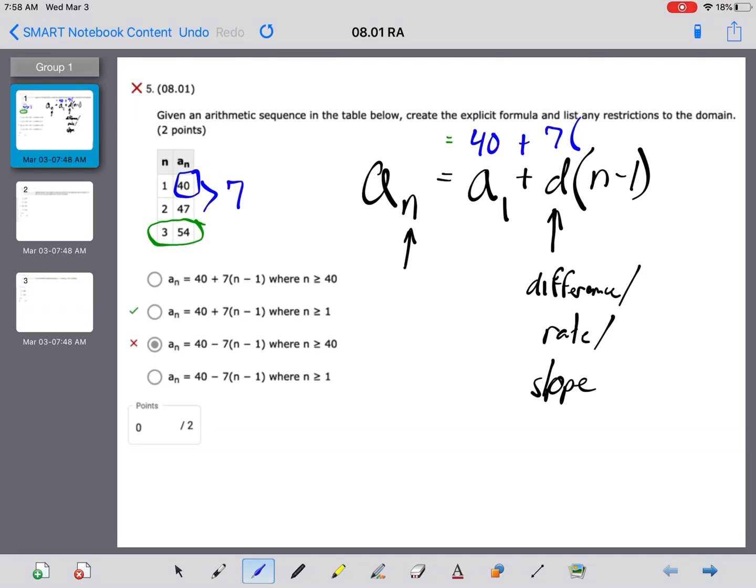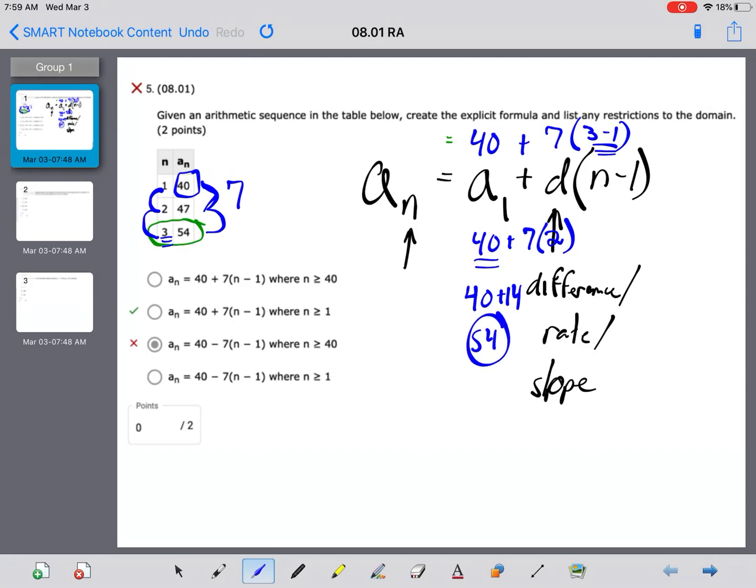Now, if we want the third term, that would be n equals 3. We need to take 3 minus 1. And so really we're making 2 jumps because 3 minus 1 is 2. I actually do that little subtraction in there. You get 2. And that makes sense because you're making 1, 2 jumps to get to the third term. So from the 40, you are adding 7 once and twice. And so you get 40 plus 14, which is 54.